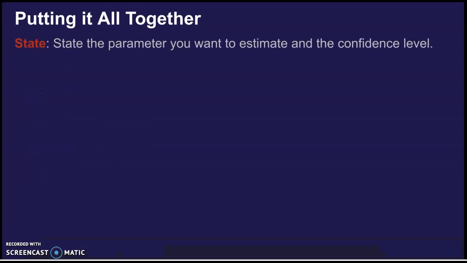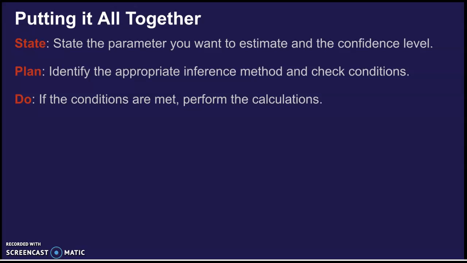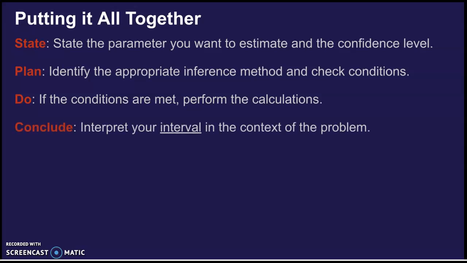All right, so let's put it all together. We need to state the parameter you want to estimate and the confidence level. You need to plan, which means identify the appropriate inference method and check conditions. You need to do the math if the conditions are met. And then you need to interpret your interval in the context of the problem. That's the conclusion.